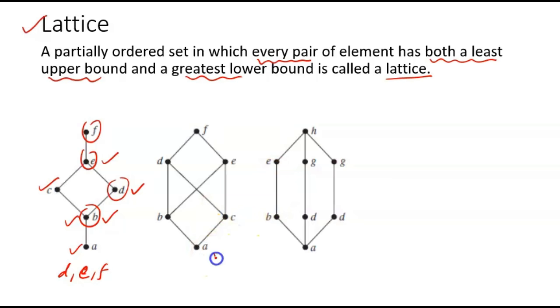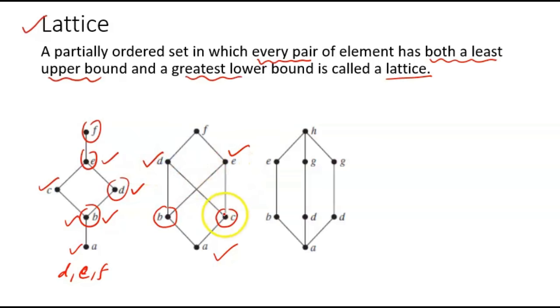If I take this example, in this example I have one pair of elements which I can clearly see. For example, if I take the pair of elements B and C, then what are the upper bounds of B and C? You can see that E is an upper bound because it is greater than B and C both.